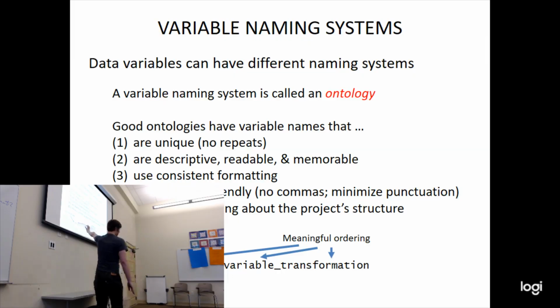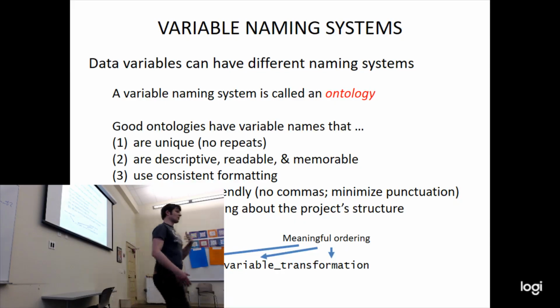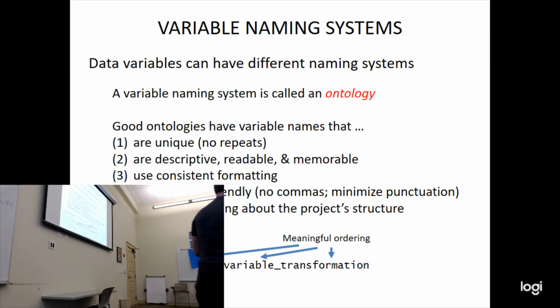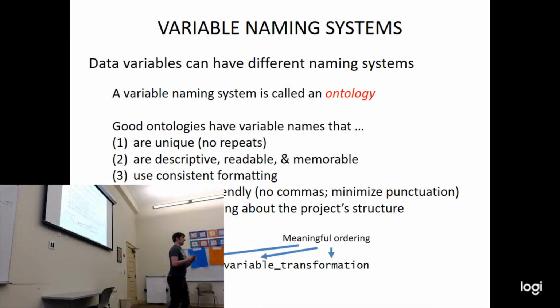The ordering is meaningful, the order in which I place information, which also means that if I need to construct a new variable name, it's pretty easy to do so. So if I do a transformation on an old variable, I just stick an underscore log or underscore n on the end. Anytime I do that transformation again, I'm going to come up with the same variable.